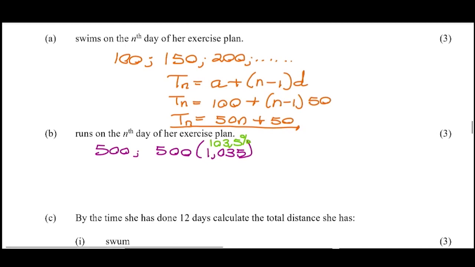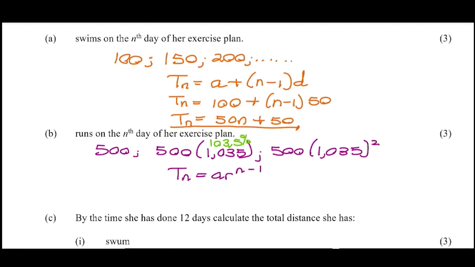The next day, she takes this number and grows it by 103.5%. So in other words, we're going to multiply this 1.035 in again. So in other words, it's going to be squared. All right, now this one is a geometric sequence. And remember the formula for geometric sequences, Tn is a r to the n minus 1.